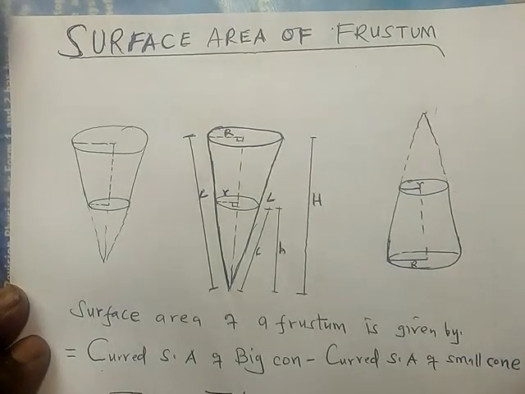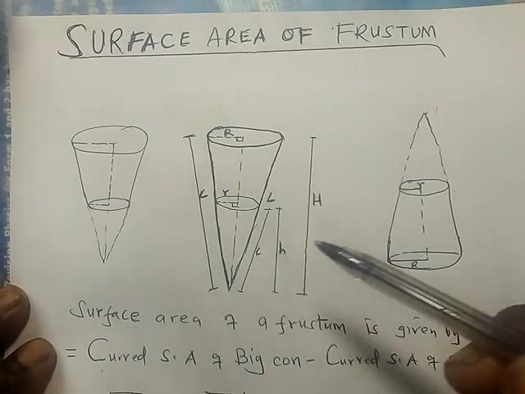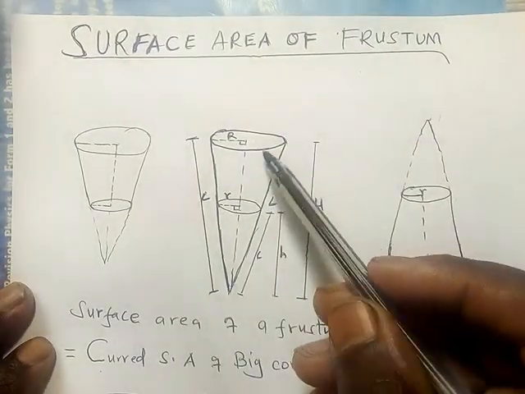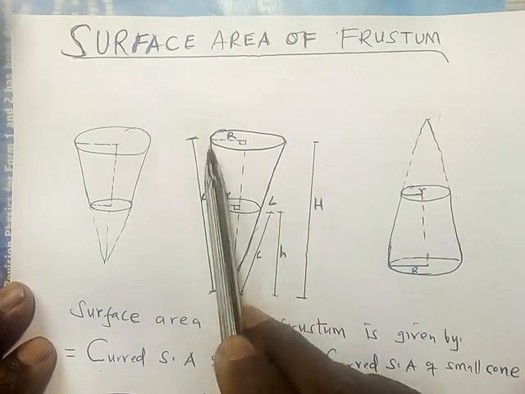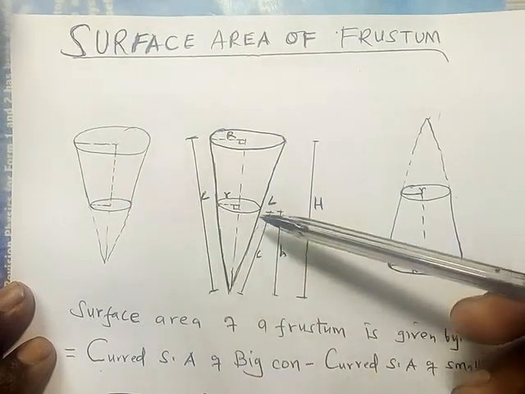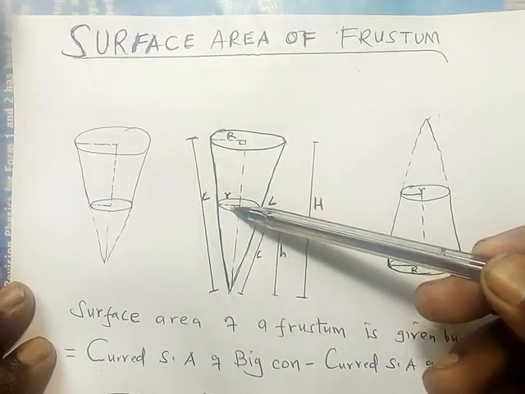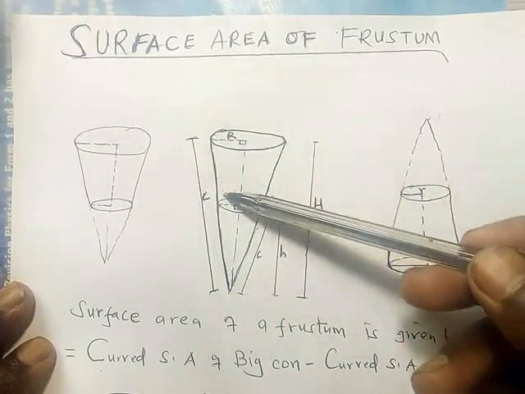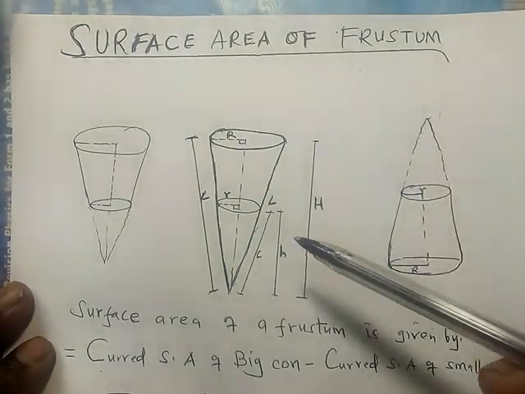So a frustum actually is a figure formed when a cone has been cut. There are things we need to understand from the frustum. A frustum comes from a big cone. Here we have two cones, the big one and the small one. Once the small one has been removed, it forms the frustum.